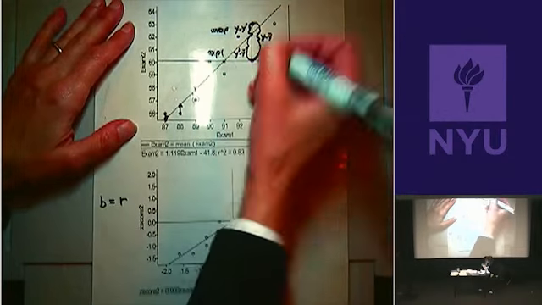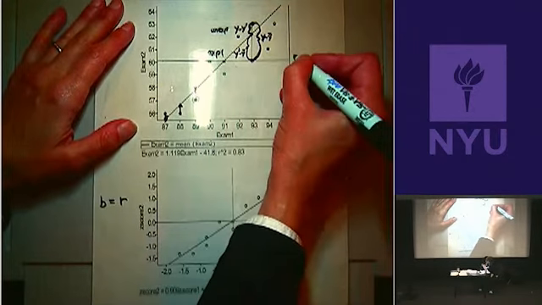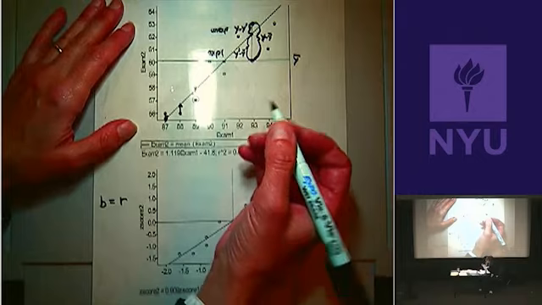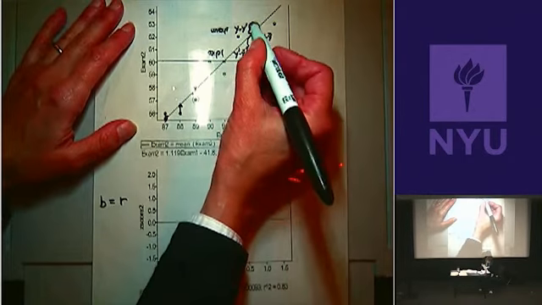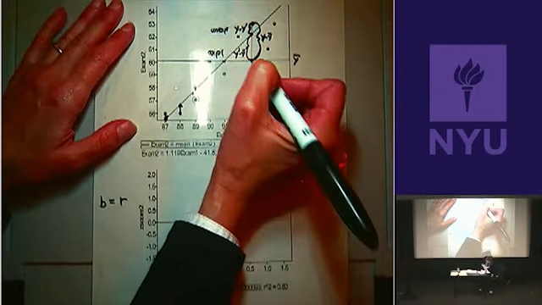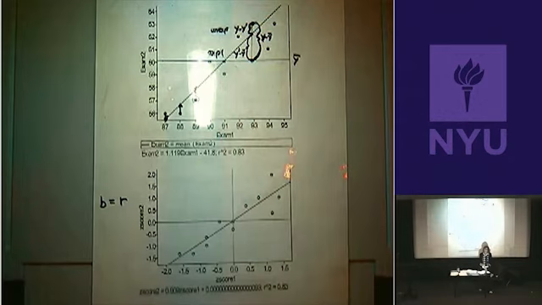This is the mean. So we can look at this as the difference between that point and the mean. If I did that for all the points, squared, added them up, divided by n, that would give me the total variance.